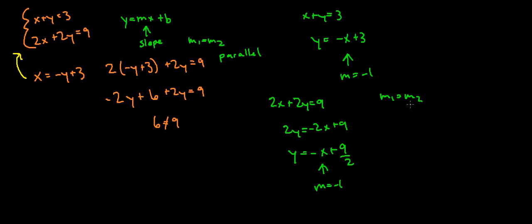And that's an easy way to tell if there's going to be parallel lines or two of the same lines. If the line was the same, then these would be the same. But since they're not, then they're parallel lines. Because two of the same line would have the same slope as well.